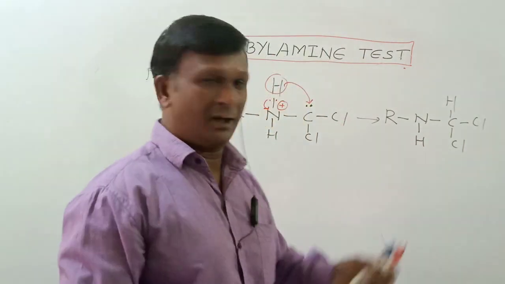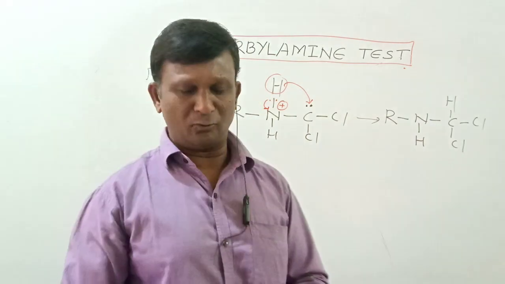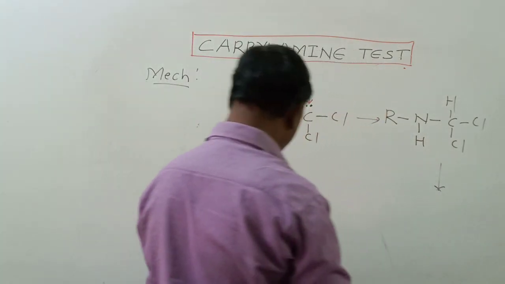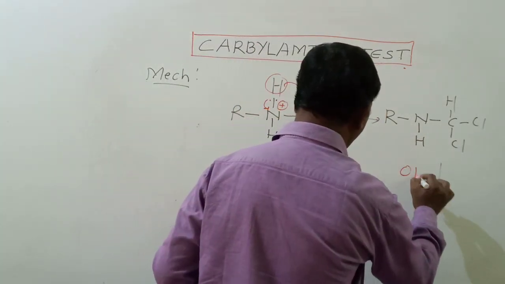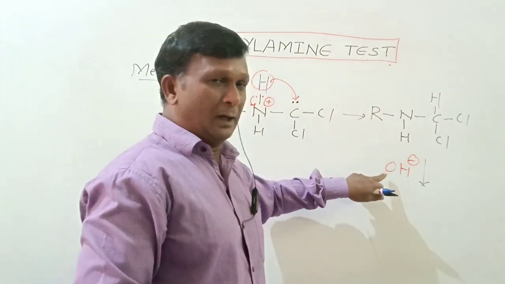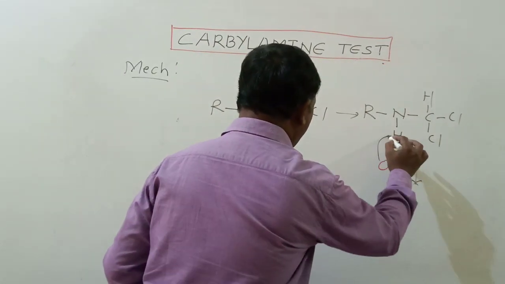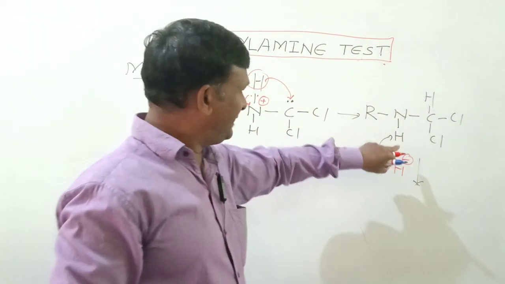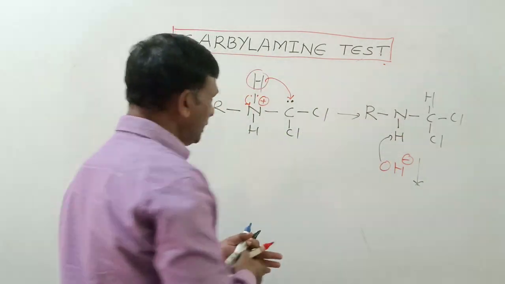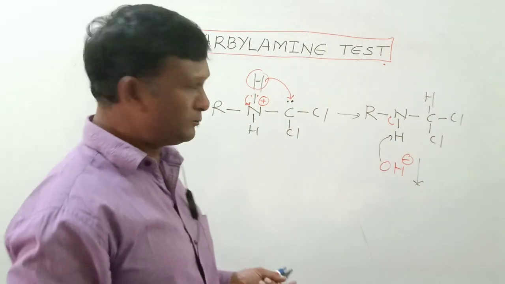Now whatever the species are there, they are under continuous influence of the hydroxide ions. So hydroxide ions play a very important role in this reaction. The hydroxide ion takes up the hydrogen which is attached to the nitrogen. Nitrogen is electronegative, so it attracts the electron pair towards it.